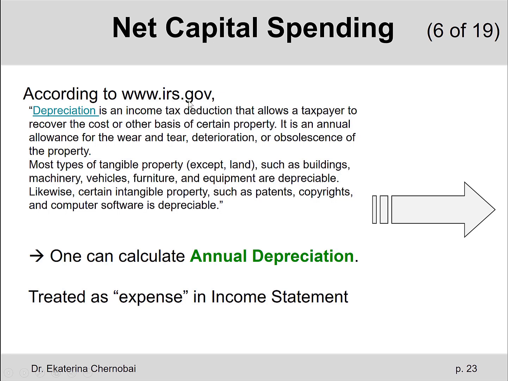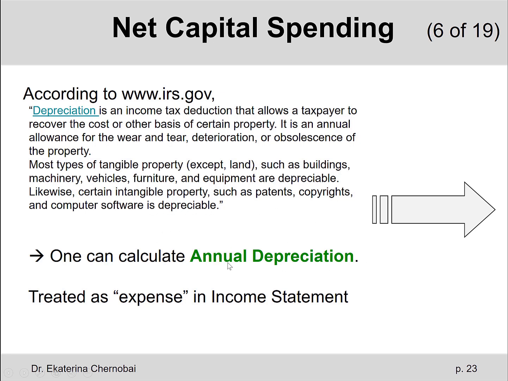Then, as the IRS.gov website continues, it is an annual allowance for the wear and tear, deterioration of the property. Most types of tangible property, except for land, such as buildings, machinery, vehicles, furniture, and equipment, are depreciable. Likewise, certain intangible property, such as patents, copyrights, and computer software, is depreciable as well.